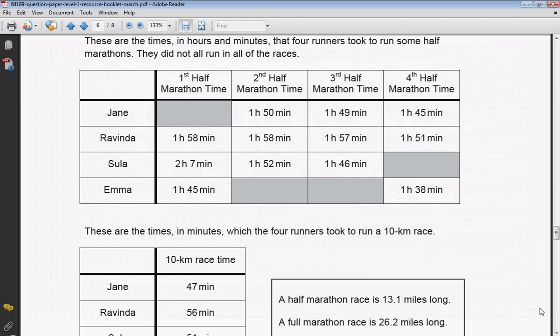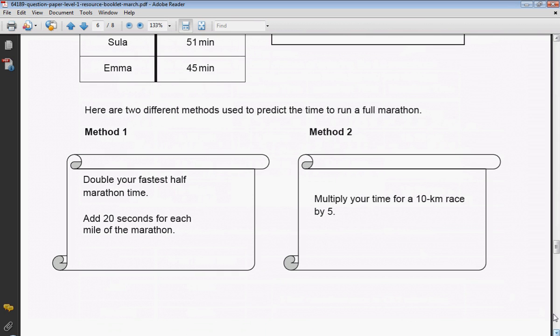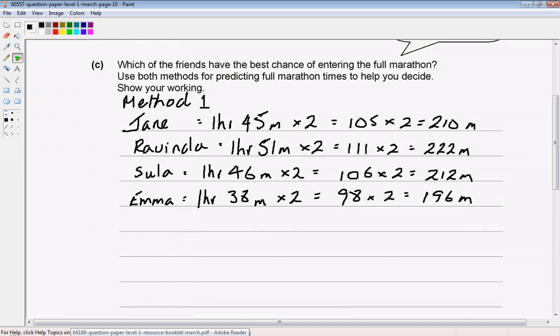Now if you remember, it said that we also have to add 20 seconds for each mile of the marathon. Now we know the marathon is 26.2 miles. So 26.2 miles multiplied by 20.